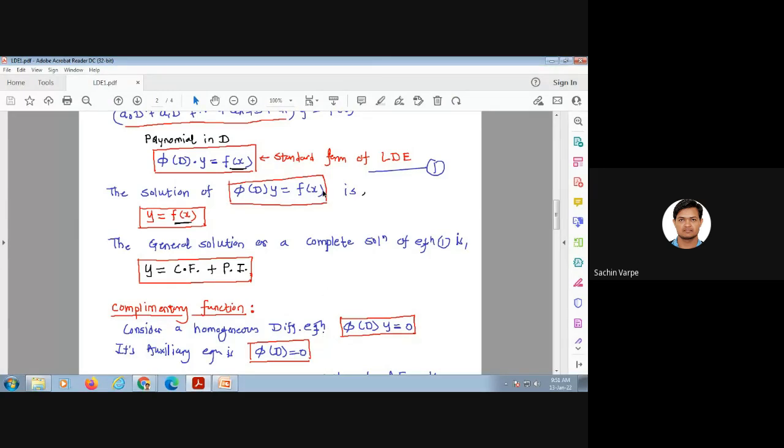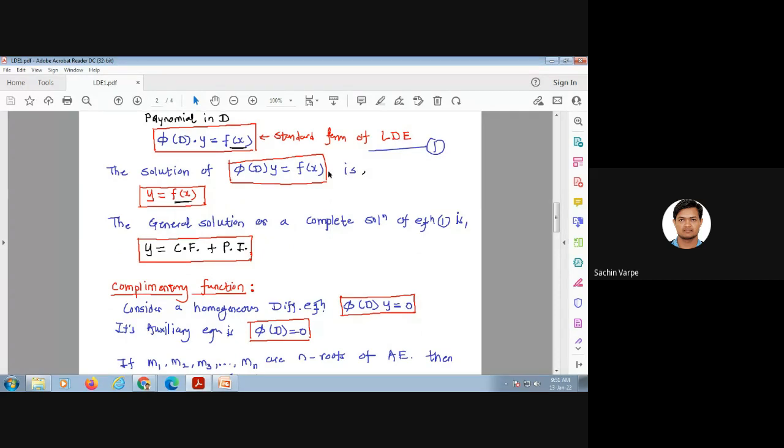But here in linear differential equation, the homogeneous differential equation means the right hand side to be 0. So we consider the right hand side of the given differential equation to be 0, and that is called a homogeneous differential equation. We solve this, and its solution is nothing but the complementary function of the given differential equation. Okay?